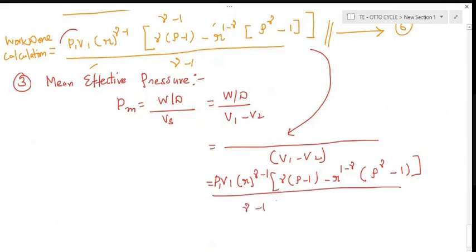Here, simply taking commonly outside the term, sorry, not taking commonly, we know that compression ratio equals V1 divided by V2.